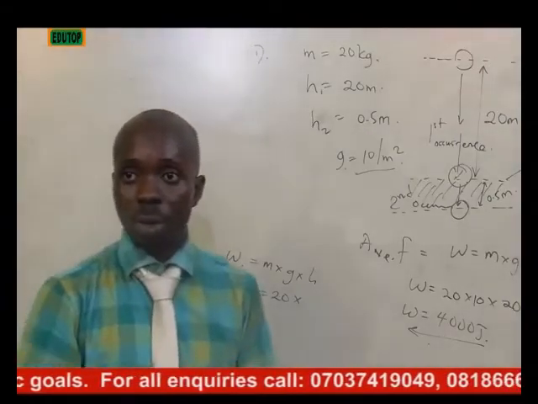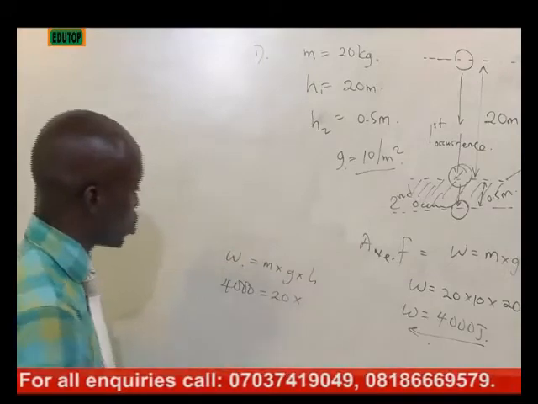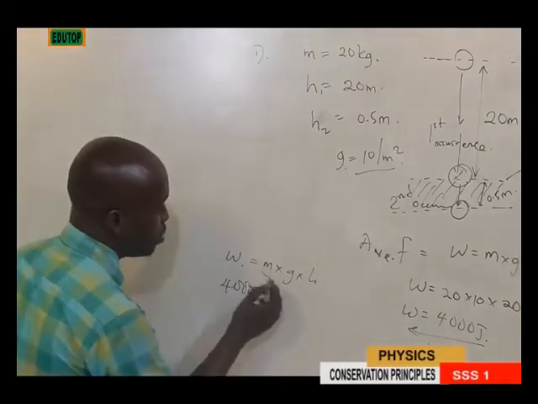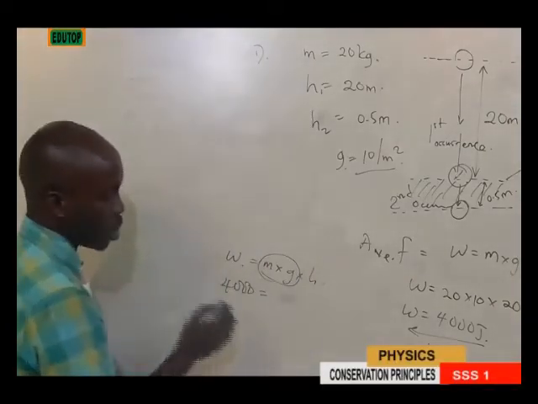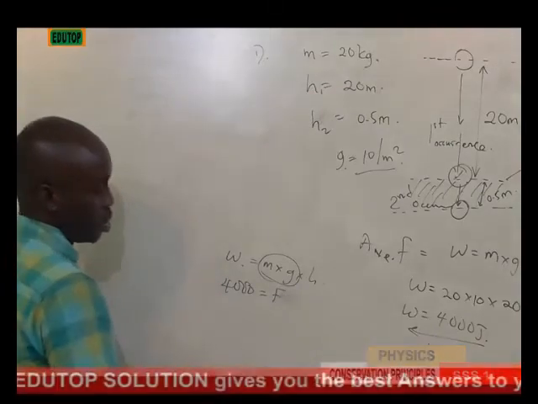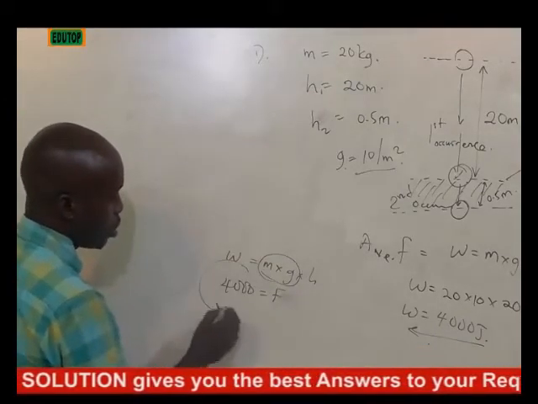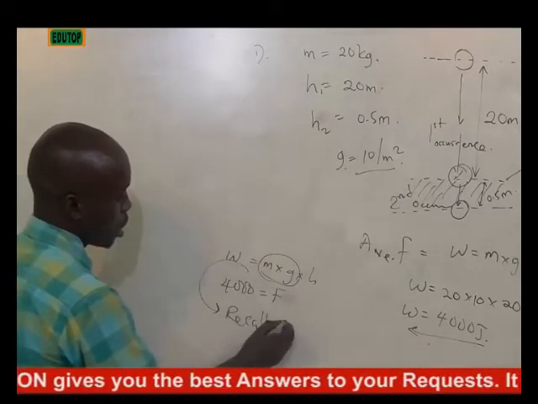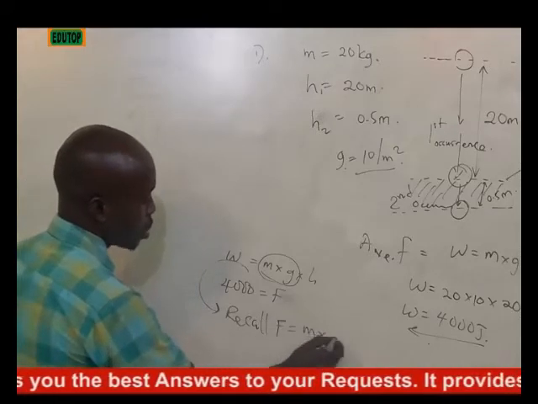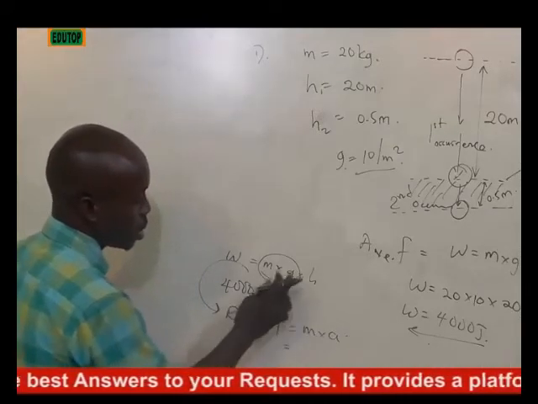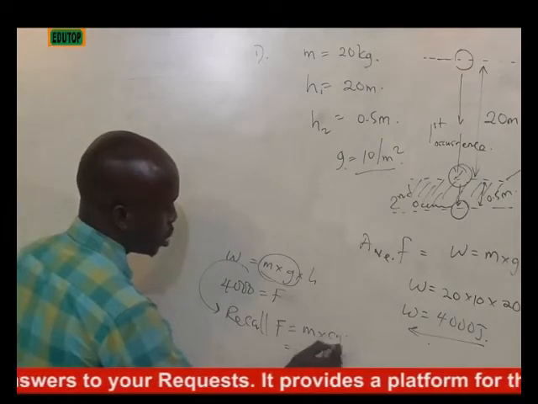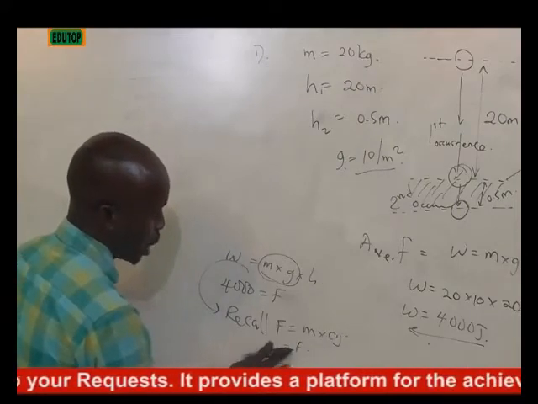If you look at the question, let's go back to the question. They said average force. So here now, mg is represented as a force. So you have to recall that your force is mass times acceleration due to gravity, and acceleration due to gravity is this g here.